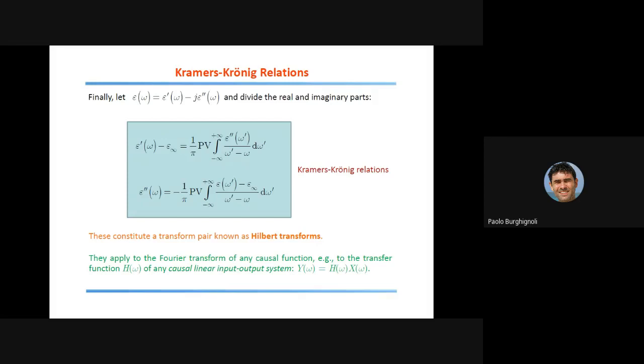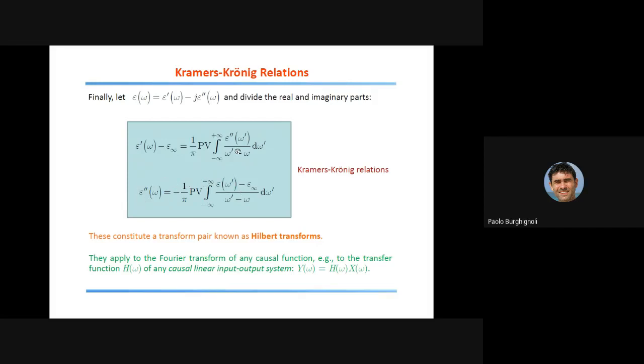Actually, this kind of Hilbert transform applies to the Fourier transform of any causal function. So you will find it in the transfer function of any causal linear input-output system. So these are quite universal in the form. They are also useful in practice, because you could evaluate, for example, the real part of the permittivity by measuring the absorption of the medium, which is governed by the imaginary part.